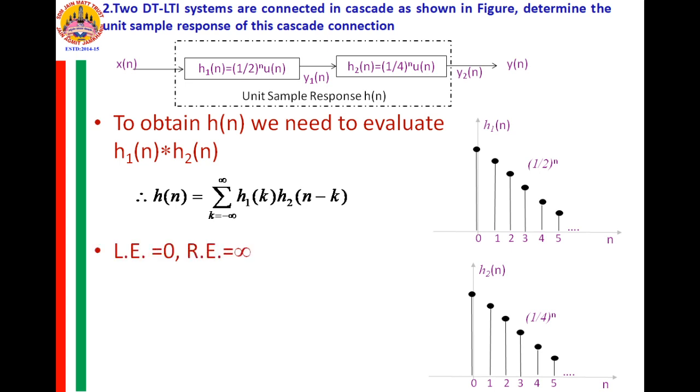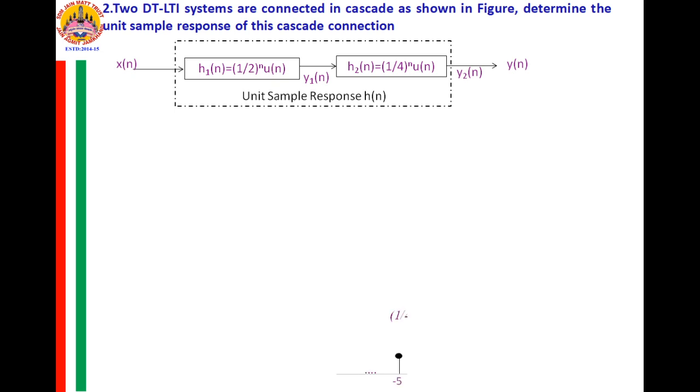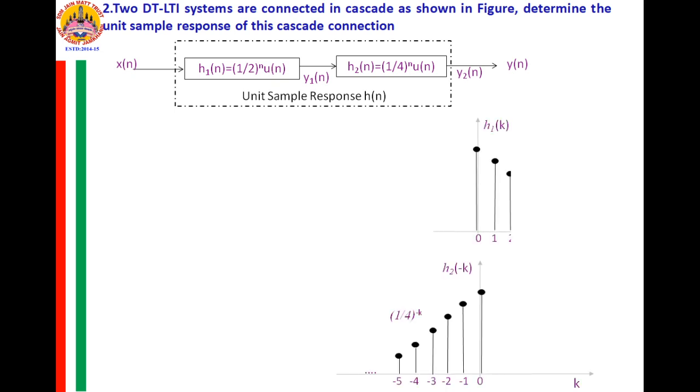The left end of h(n) is 0 and the right end is infinity. Now this is h2(minus k) and this is h1(k). For n less than 0, we shift h2(minus k) to the left side, and you observe that there will be no overlapping between h1(k) and h2(n minus k). Therefore, h(n) will be equal to 0 for n less than 0.